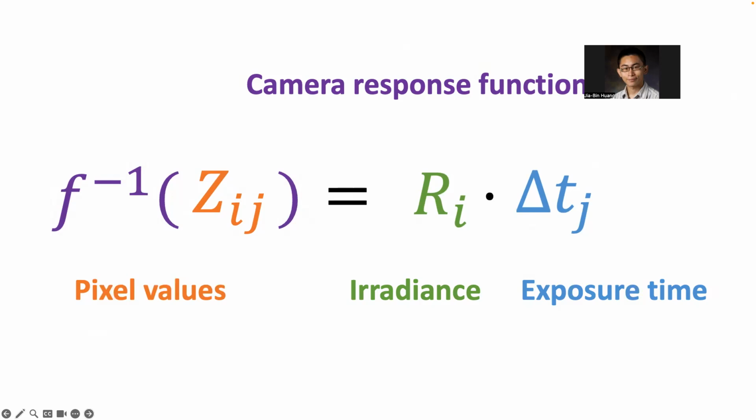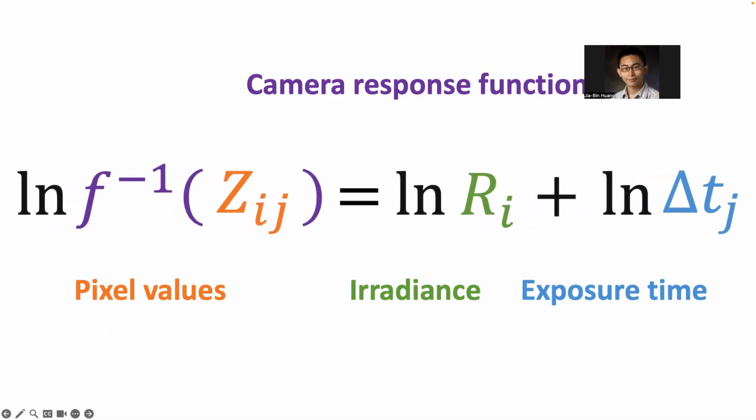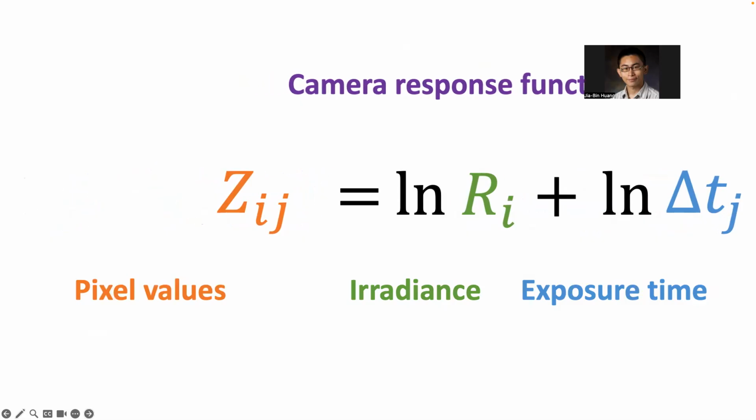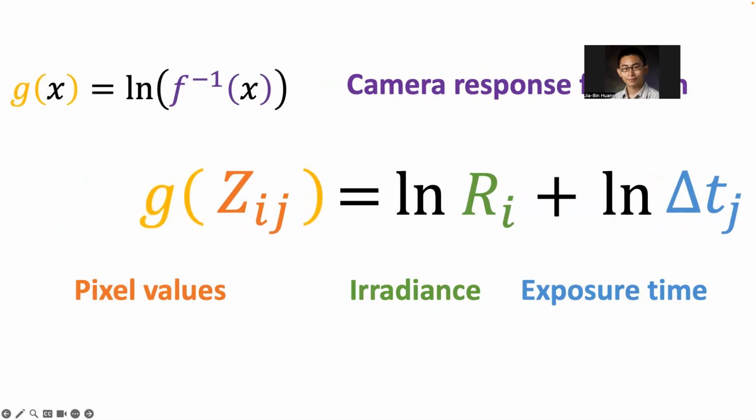Because these things are multiplied together, it's a bit messy, so I can apply a log. The log doesn't change anything; I just operate in the log space. Now I have these two things separated. Let's give this f inverse a name, g. It's just a function that, if I give you different intensity values, gives you different radiance.